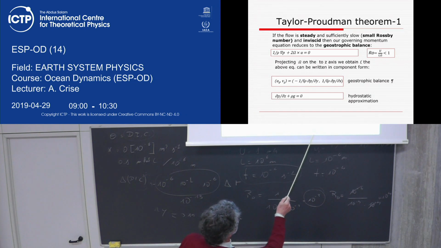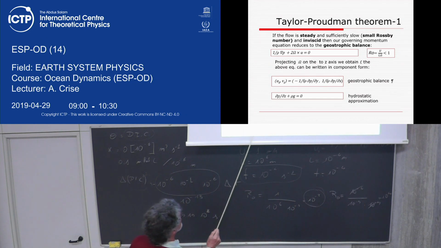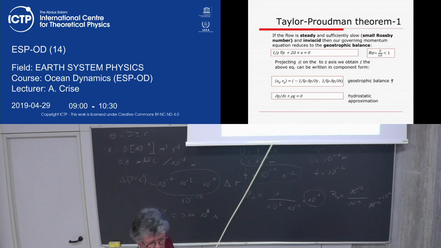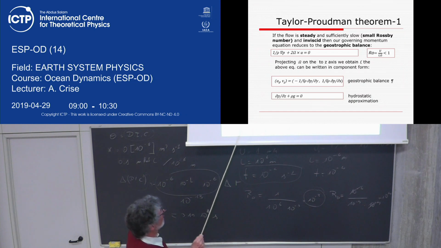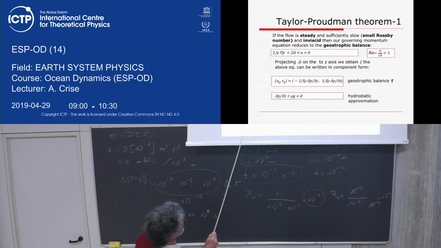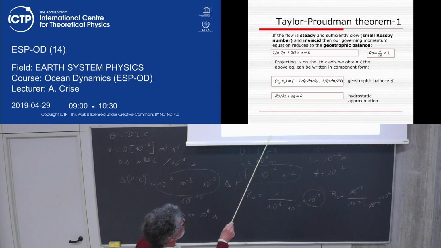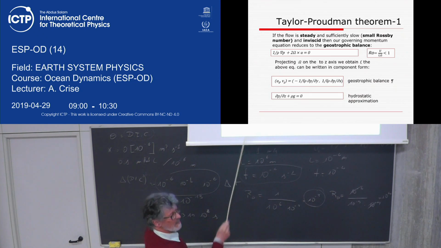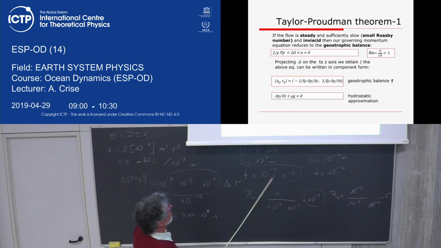And obviously the Rossby number is less than 1, so the two components, I know that you already have heard about that. One depends on the horizontal pressure gradient along the y-axis and is inversely proportional to f and the density.